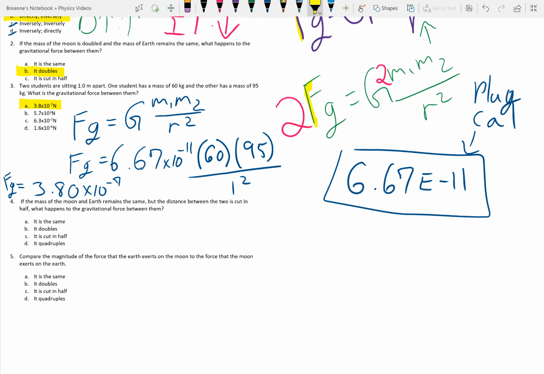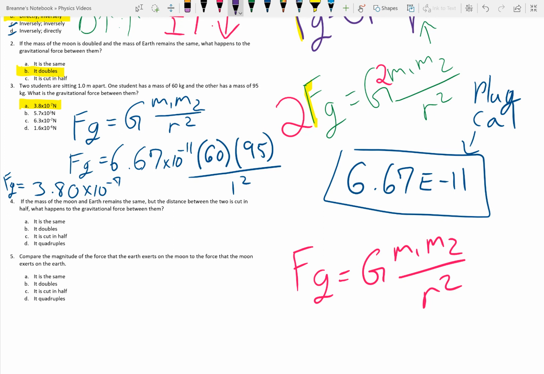Yay! So, if the mass of the moon and Earth remains the same, but the distance between the two is cut in half, what happens to the gravitational force? Again, let's pull out our equation. M1, M2 divided by r squared. It's saying the distance between the two is cut in half.